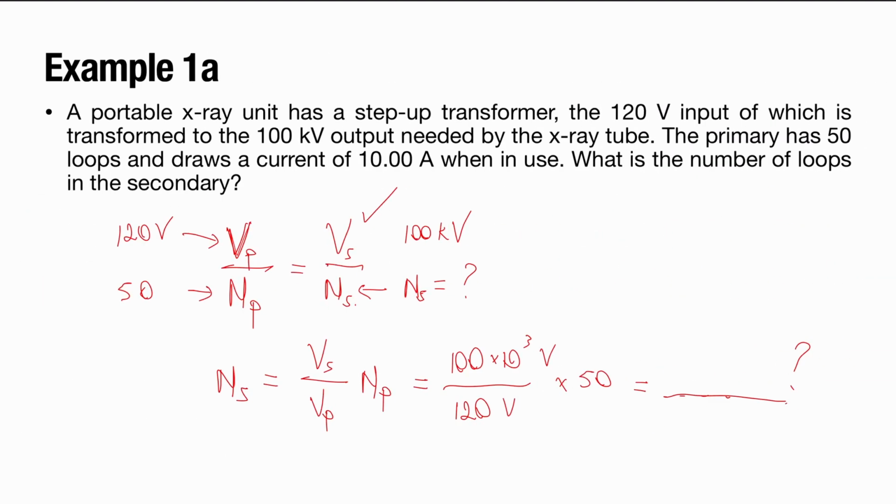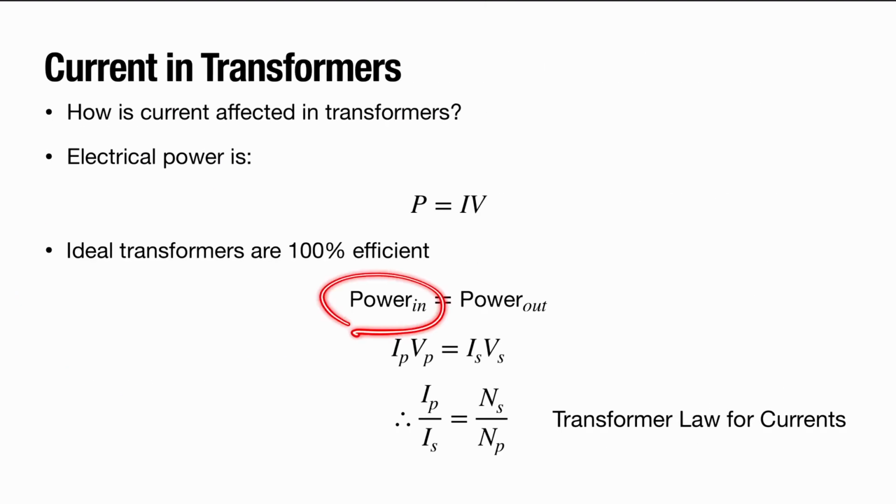The point is, power in must be equal to power out. But the power in is equal to the voltage across the primary side times the current through the primary side. And the power out is going to be the current through the secondary side times the voltage on the secondary side. Remember what VP and VS are.